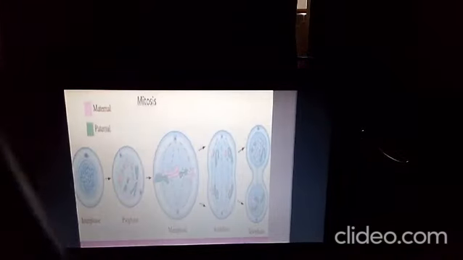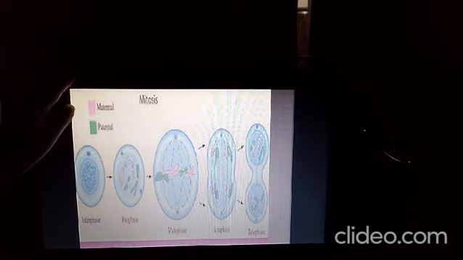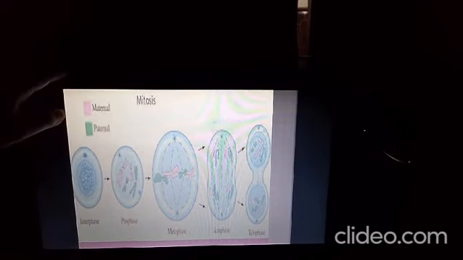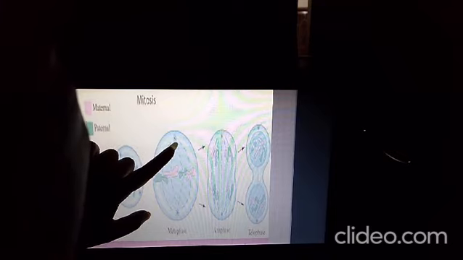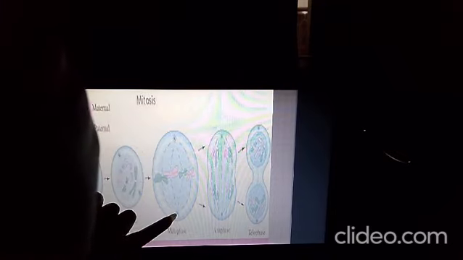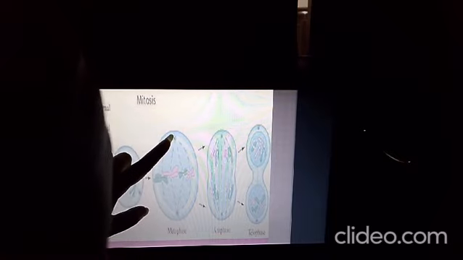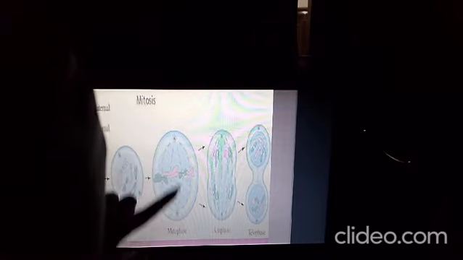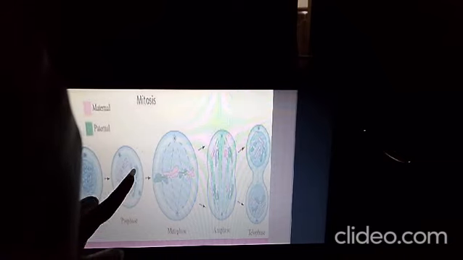Okay, here is a picture. First of all, you people, I think, right now are seeing these star-like structures. They are basically centrioles, which duplicate and move towards the opposite pole. And these are the chromosomes.